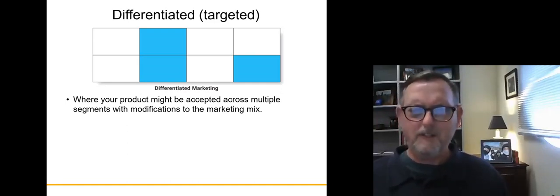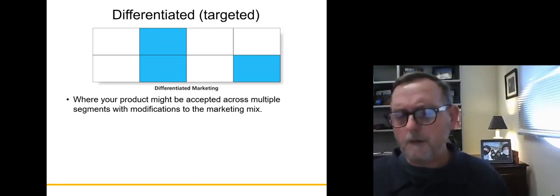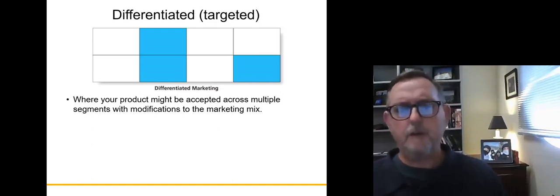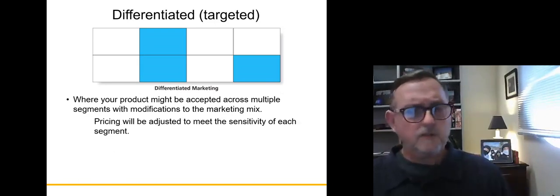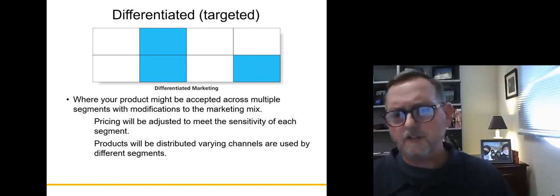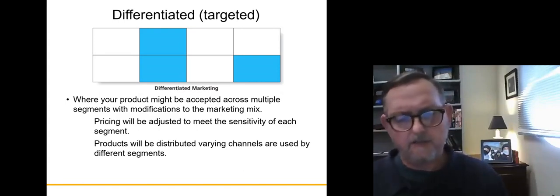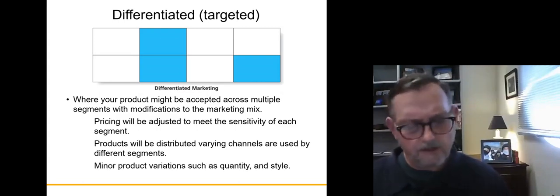And again, they're larger in size, so we don't necessarily have to be the market share leader like we would in a niche market. But we do want to attack them and reach them with an appropriate offering. So think about this as where we're going to adjust our price based on the sensitivities of each of those markets. The products will be distributed through the appropriate channels that meet the needs of each of those 3 markets.